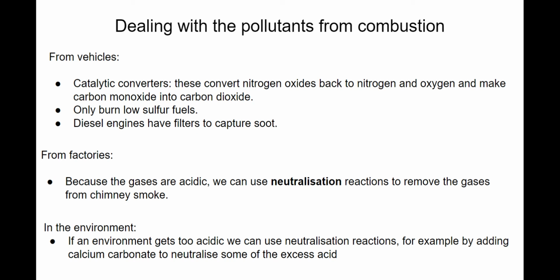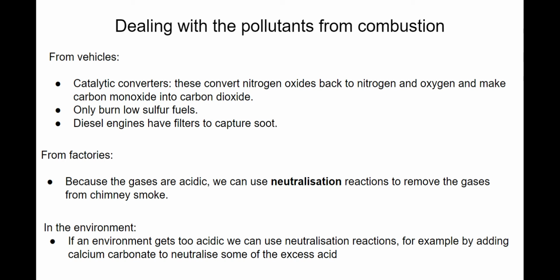If we've gone beyond that point and we are an environment that has been subject to too much acid rain, what we can do is use neutralization reactions again. For example, if you're a farmer and you want to grow a crop and the soil is now very acidic because it's had lots of acid rain dumped on it, you can put something like calcium carbonate on your soil and do a neutralization reaction, and that will reduce the acidity in the soil.